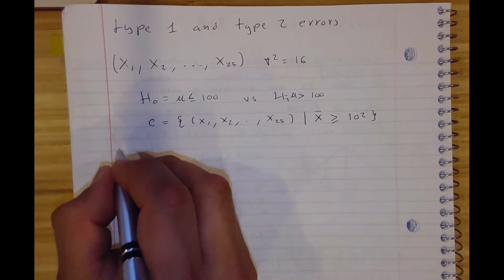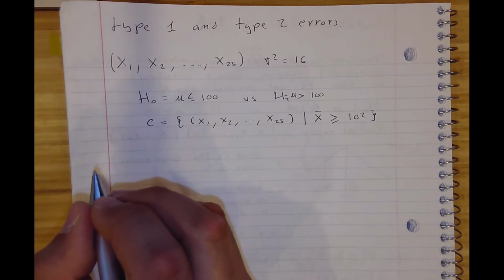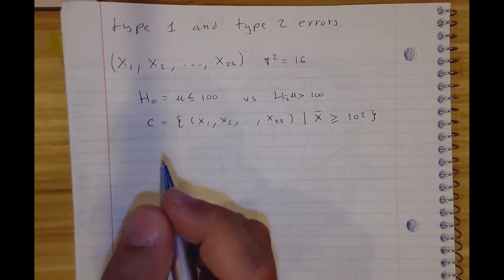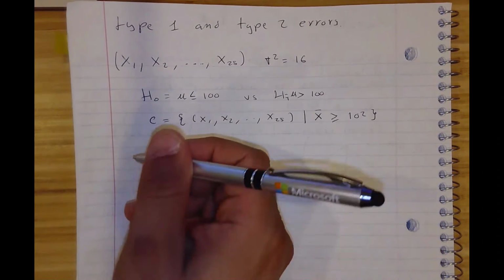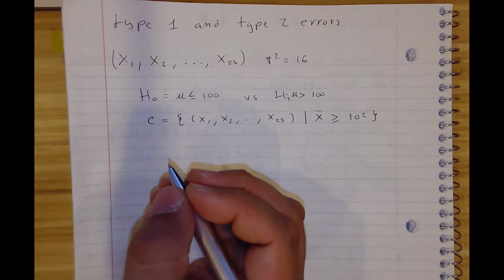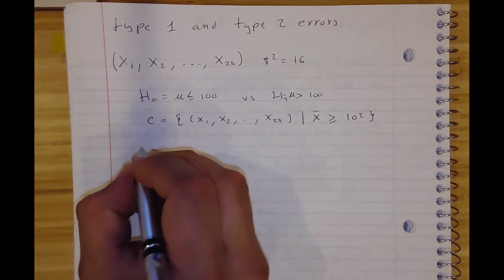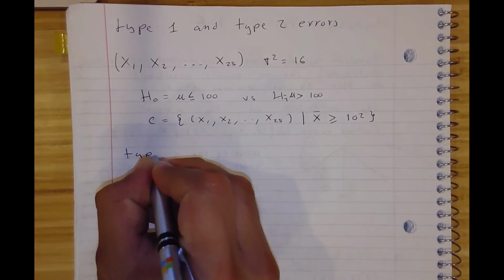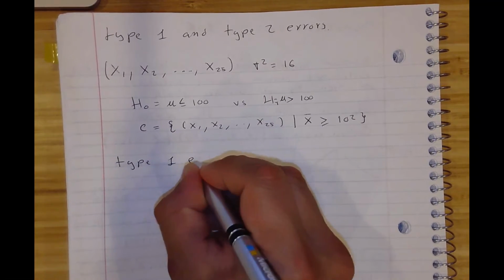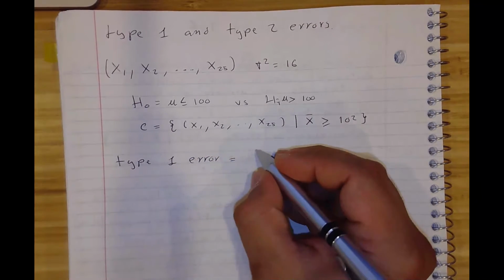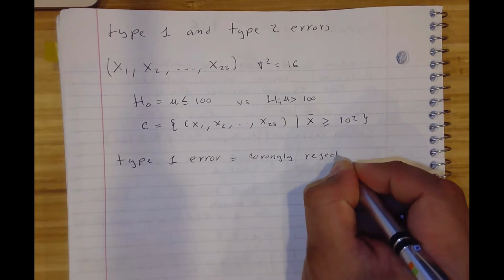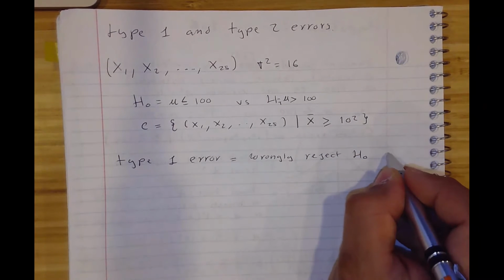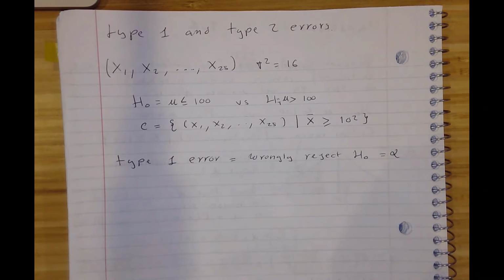Okay, let's recall that the type 1 error is when we wrongly reject the null hypothesis, which is the significance level. Right, let's write that here. Type 1 error is wrongly reject the null hypothesis, or it is basically the significance level.